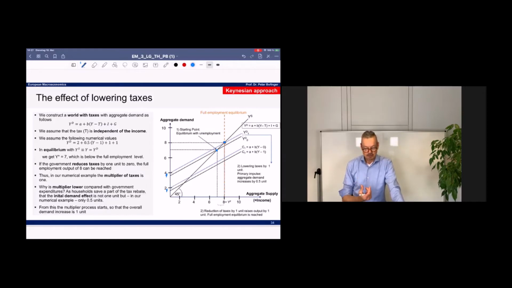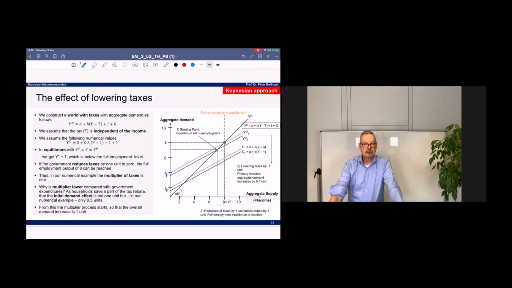So while with government expenditures the initial effect is a full 1 unit on aggregate demand, in the case of taxes the initial impact is only half a unit. And then from this half a unit, you can again have the multiplier effect, so that in sum you get 1 unit out of this 1 unit of lower taxes, but you don't have a multiplier that exceeds 1.